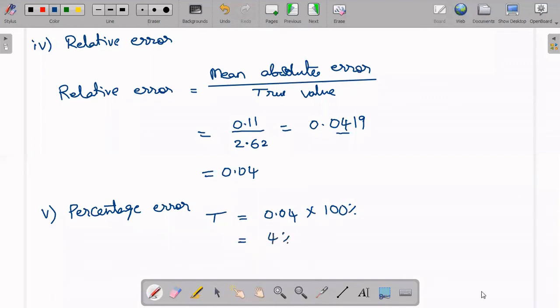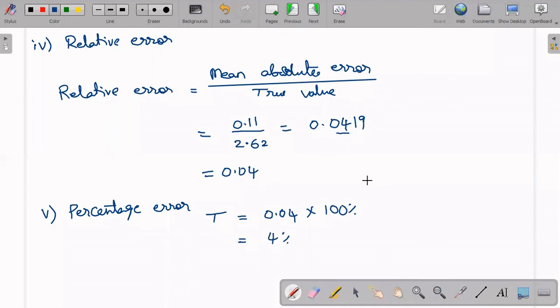And the last part is the time period of the simple pendulum. If we write the time period of the simple pendulum, it's true value plus error. Its true value is 2.62 seconds, plus error we have to write.